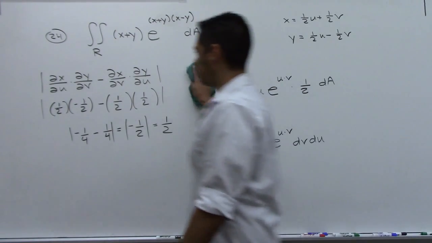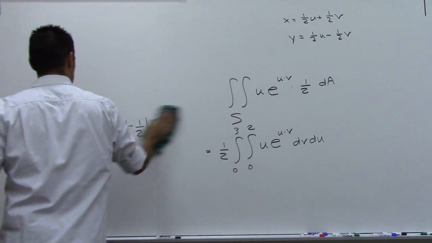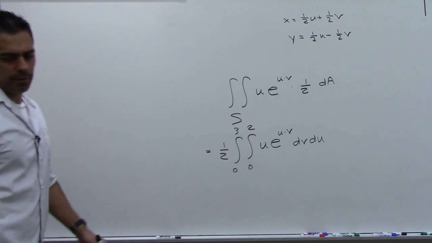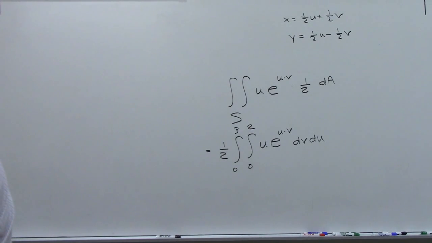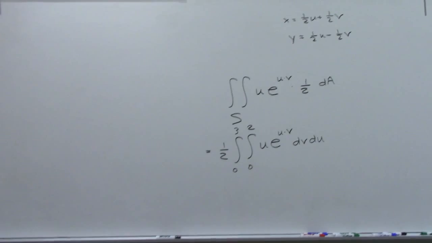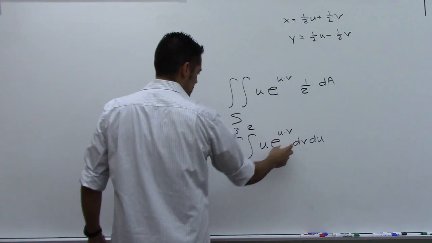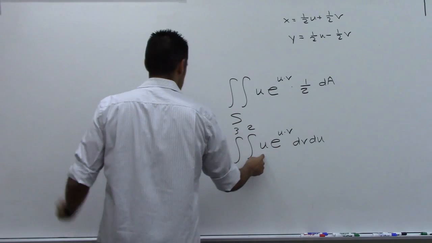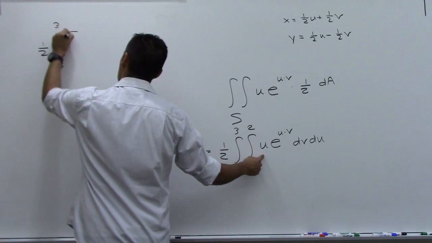All right. And now that should be pretty nice to integrate. Just double check here. I've got everything rolling good. Yeah. All right. So let's take the antiderivative of this with respect to v first. And remember, u is a constant. So I have 1/2 integral 0 to 3.